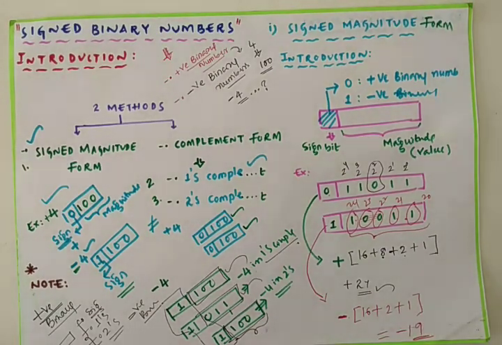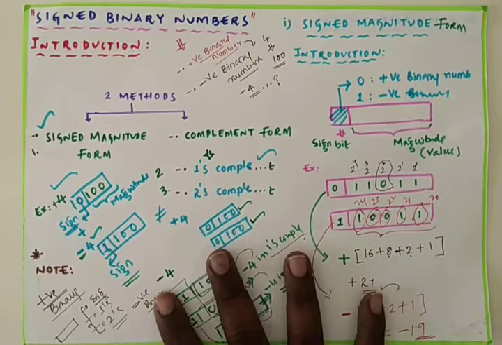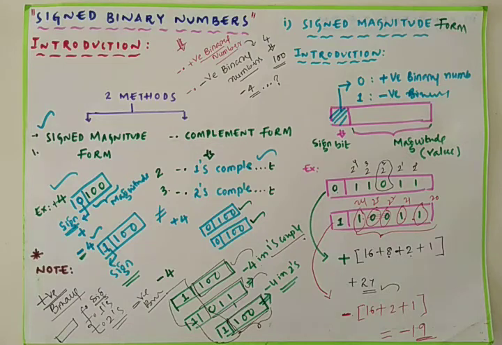In sign magnitude form, you have to understand that the first bit is the sign bit. If the first bit is 0, the given number is a positive binary number. If the sign bit is 1, the given binary number is negative. Except the sign bit, the remaining bits are the magnitude of that number only.